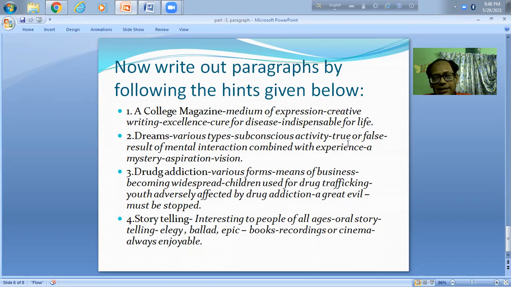So they exercise freedom of expression, and they come to discover the medium of expression. So creative writing. So the two things are very much interrelated. Because when you are able to write something freely, you can be noticed as a creative writer.